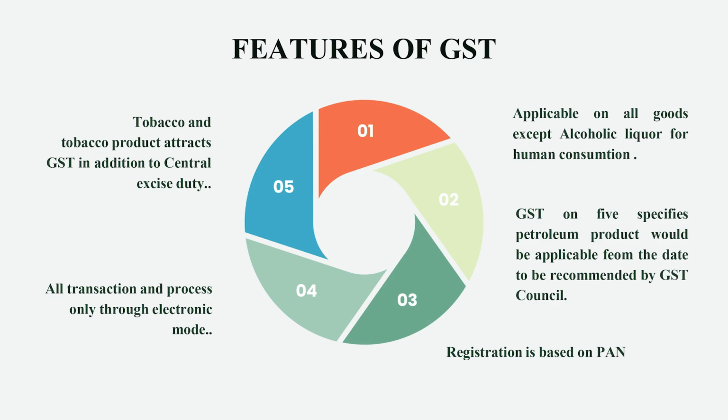Whereas for alcoholic liquor for human consumption, they cannot levy the GST whenever they want. They have to amend the entire act first. On petroleum products, though, there is no GST till date, but if they want, they can charge GST if the GST Council recommends it.